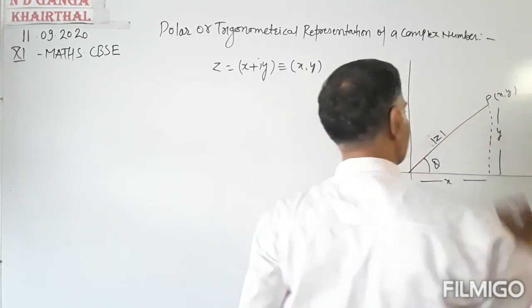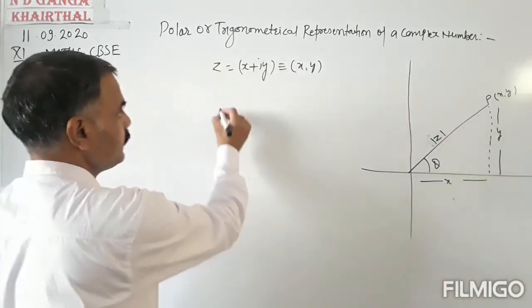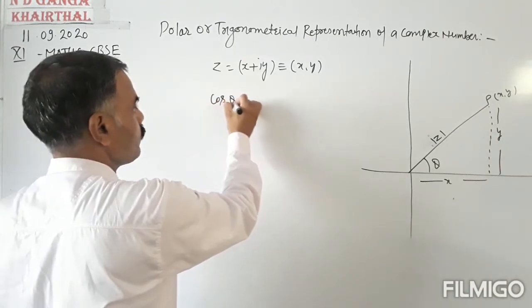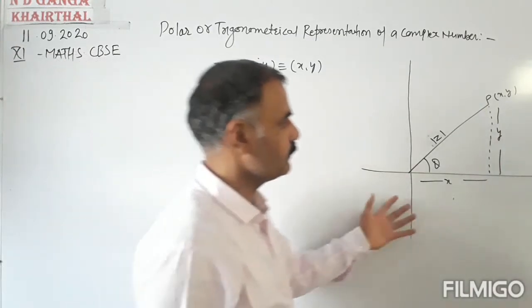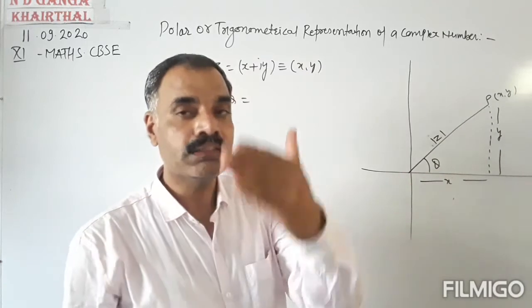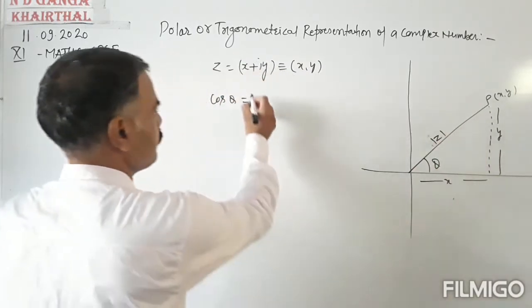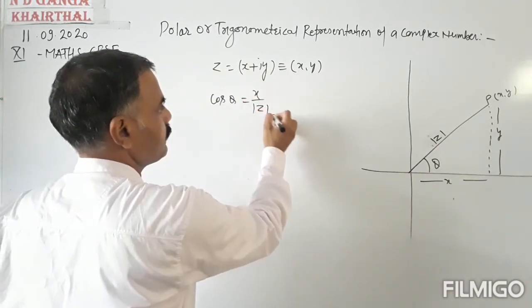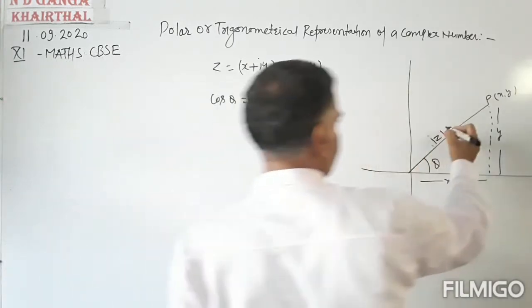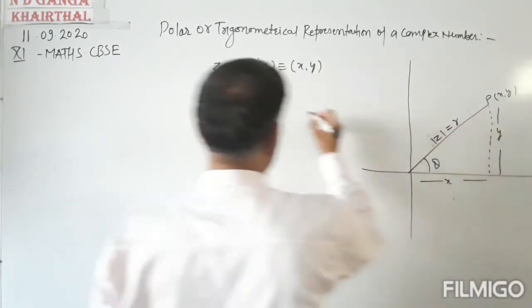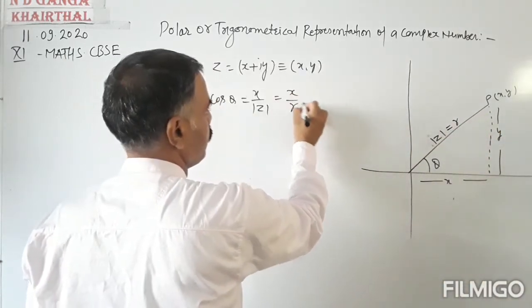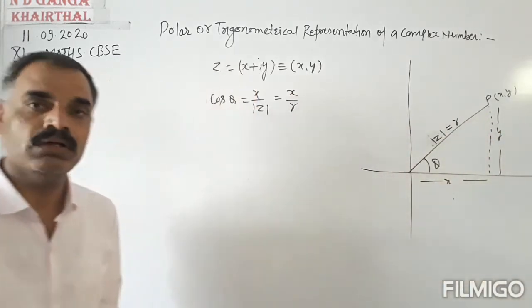So if we find cos theta, it is base upon hypotenuse, that is x upon modulus z. And if this is equal to r, then cos theta is x upon r.